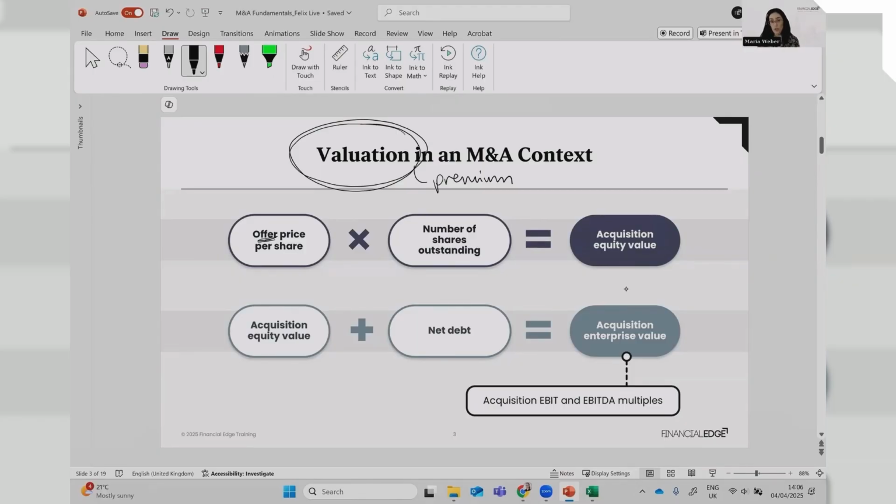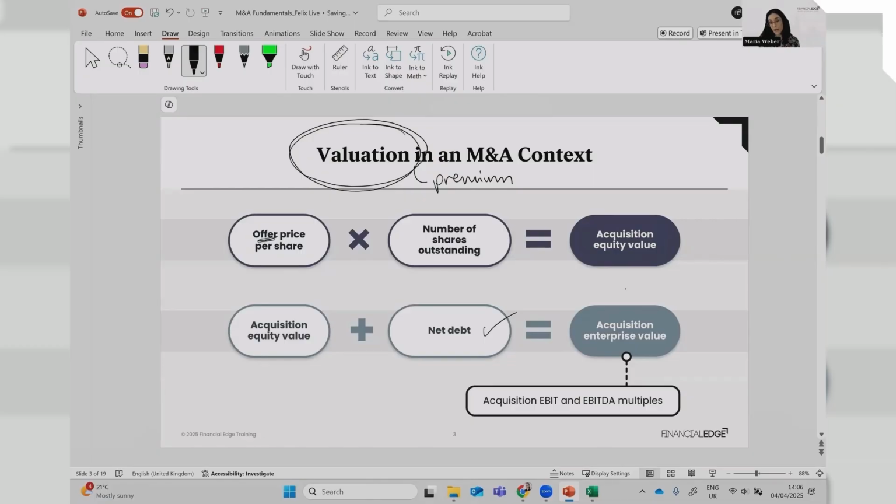It's then also very useful to know the enterprise value of this deal. To work out the enterprise value from equity value, remember we add any other funding in the business, any other debt-like instruments, and we subtract cash and financial investments. So we take the equity value and we add on net debt. That's the same as going over the bridge.